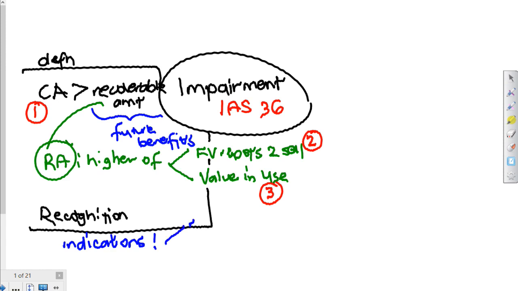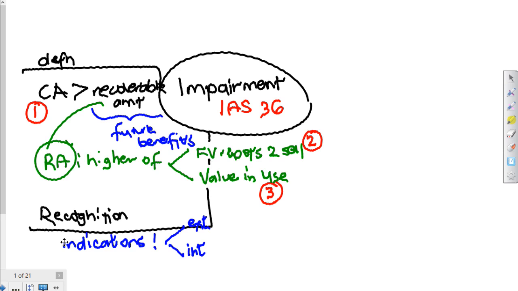And they talk about external indicators and internal indicators. External indicators are in the market. It could be that the value of an asset has declined in the market. Maybe it's damaged. It could be that there's a new competitor and so therefore your asset is now worth less because you have to reduce your prices. It could be a change in technology and suddenly your machine is not so high-tech anymore.